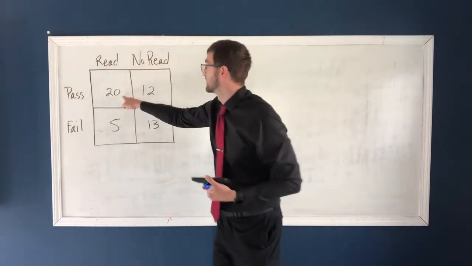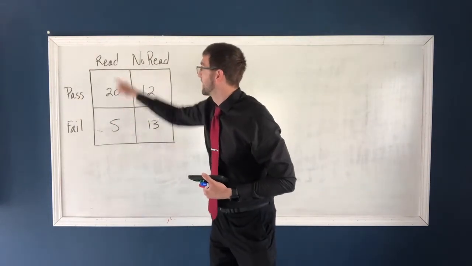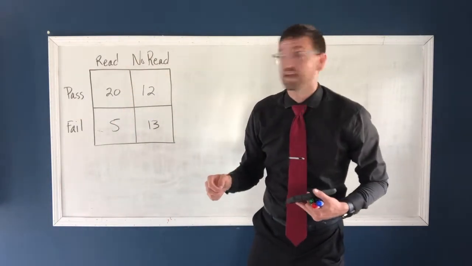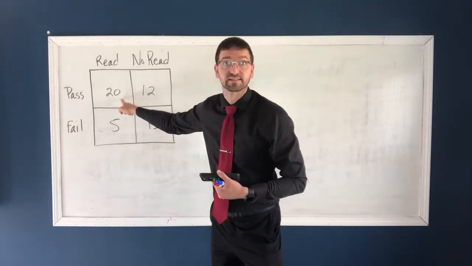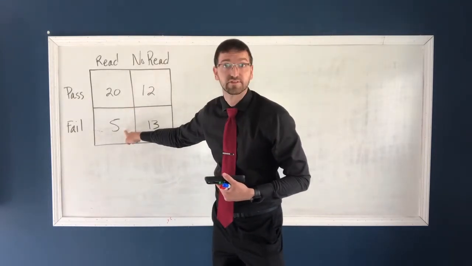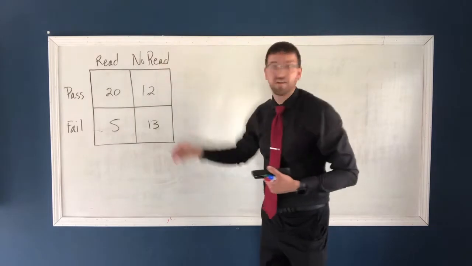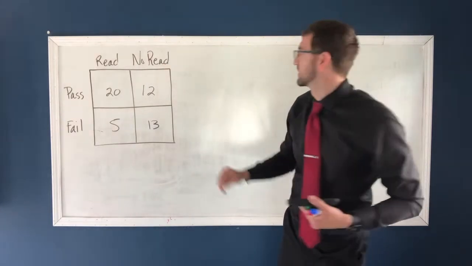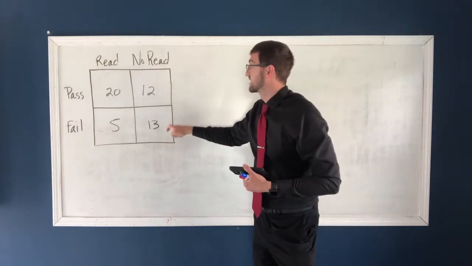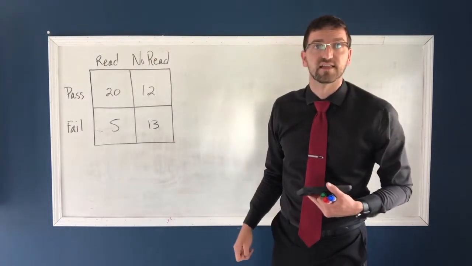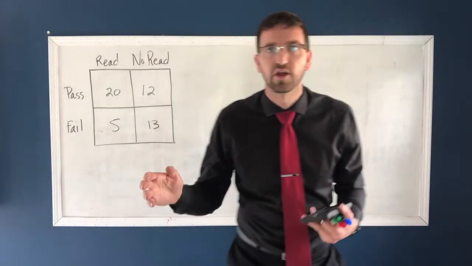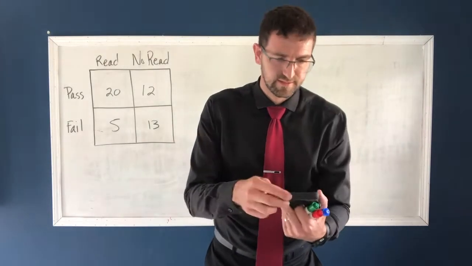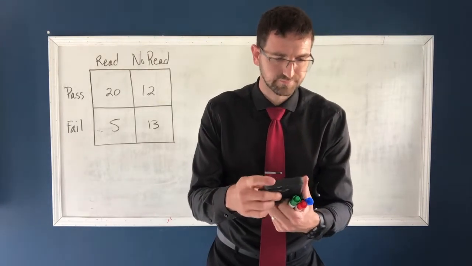So for example, out of the 25 people who read the course textbook, 20 passed the course, 5 failed the course. Out of the 25 who did not read the course textbook, 12 passed the class, and 13 failed the class. Okay, so those are our frequency counts. Let's go ahead and continue with the problem.